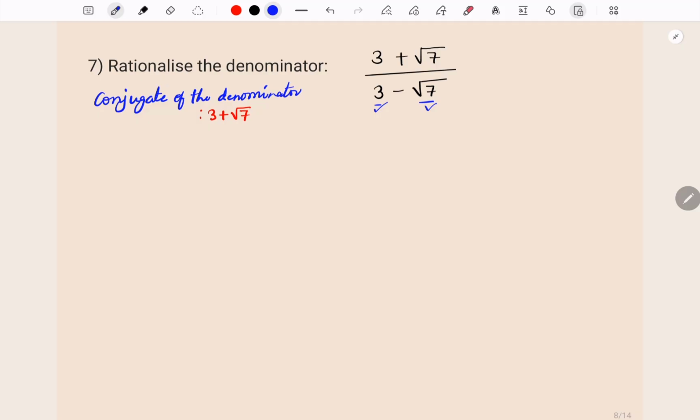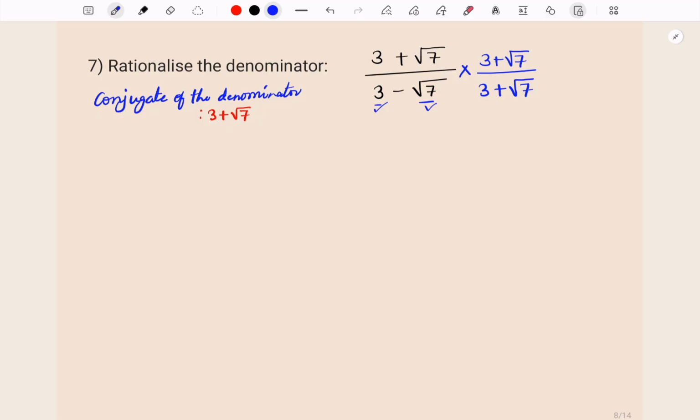So to rationalize the denominator, we need to multiply this fraction with the conjugate, that is 3 plus root 7. Alright, now we need to simplify this fraction. We will simplify the numerator and the denominator separately, and then for the final answer we will combine them into a fraction.